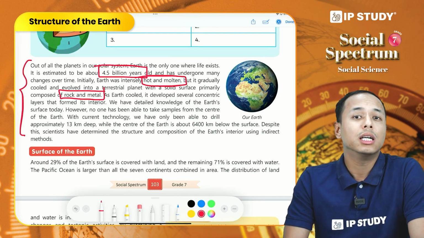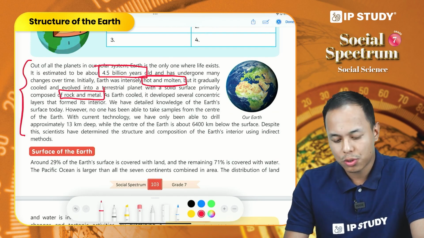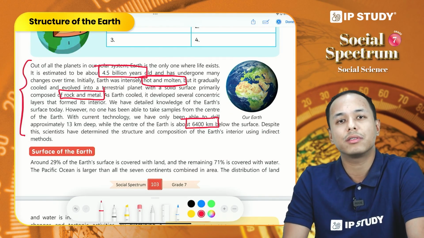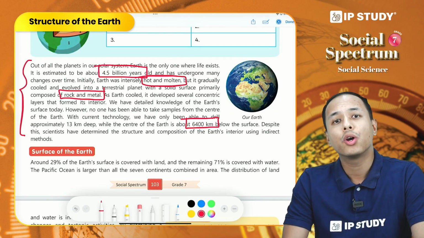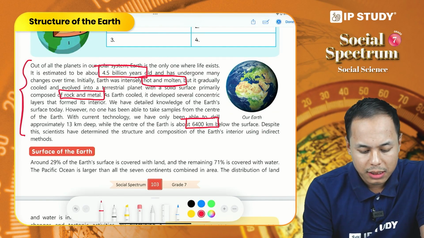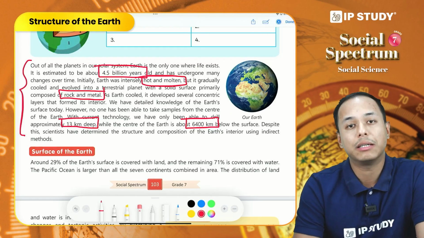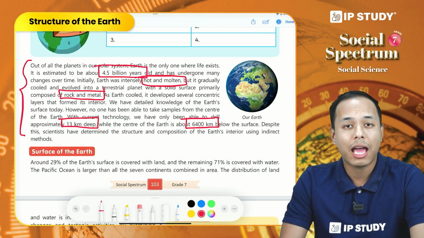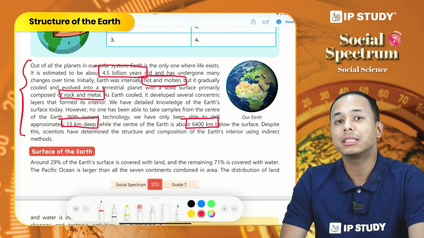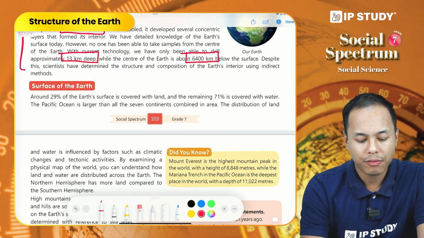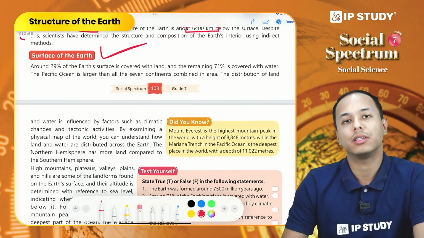Because the center of the earth is almost 6,400 kilometers below the surface, and with our technology we have only been able to drill 13 kilometers deep. This is the reason we do not have a direct sample from the center of the earth. So now let us see the first topic, that is the surface of the earth.